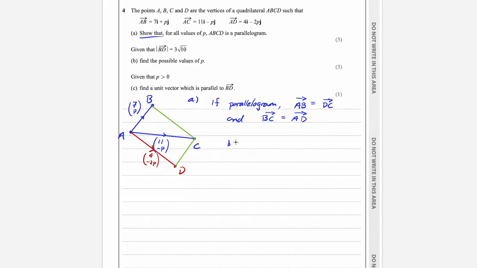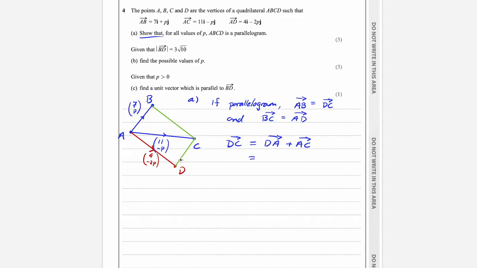So DC, how do I get DC? Well, to get from D to C, I can go D to A and A to C. So DC is equal to DA plus AC.